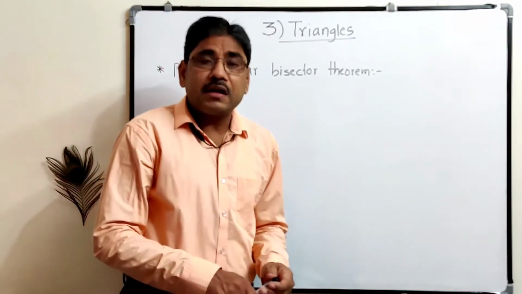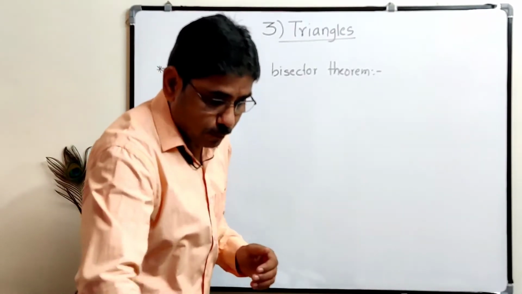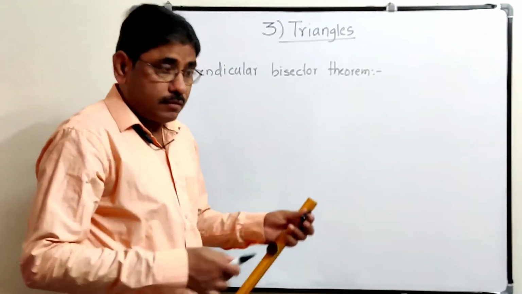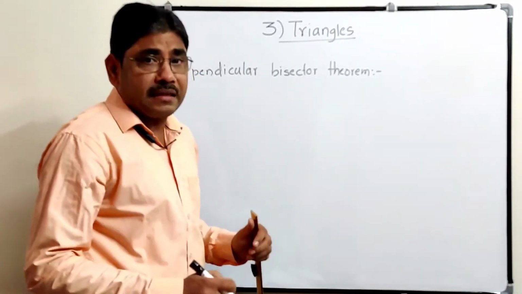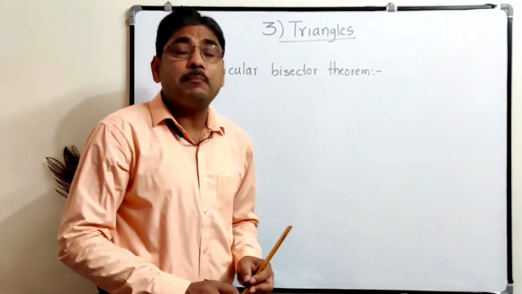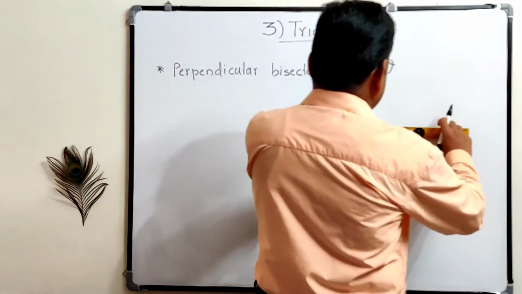Now perpendicular bisector theorem, perpendicular bisector का मतलब क्या है ये पहले समझो. If we draw any segment, then the line which divides the segment into two equal parts and is perpendicular to that segment is called perpendicular bisector.